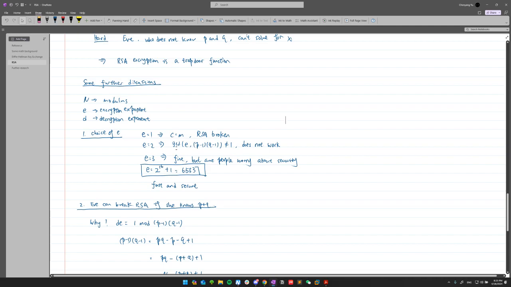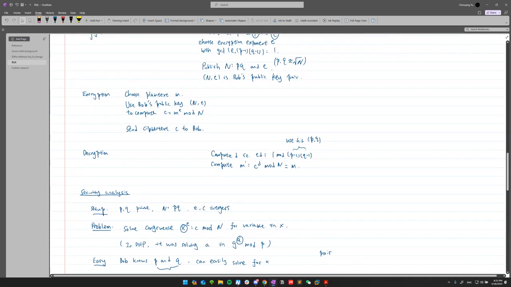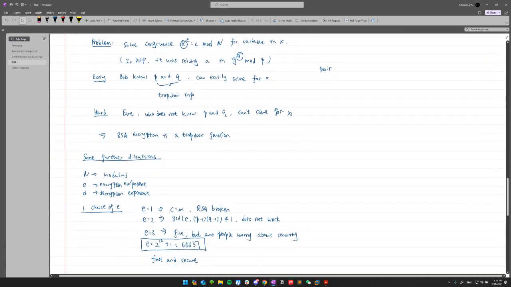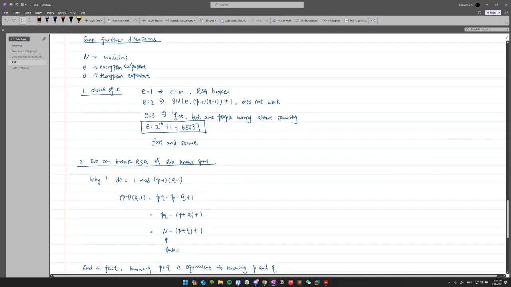In that case, the GCD of E and phi n is not 1. Here we are making a condition that when you pick E, it has to be coprime to phi n, right? So E equals 2 does not work.